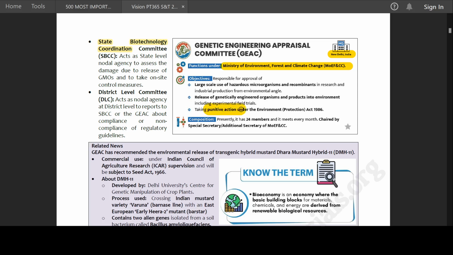So punitive action can be taken by GEAC. Presently, it has 24 members and it meets every month. It is chaired by the Special Secretary or Additional Secretary of the MOEFCC.